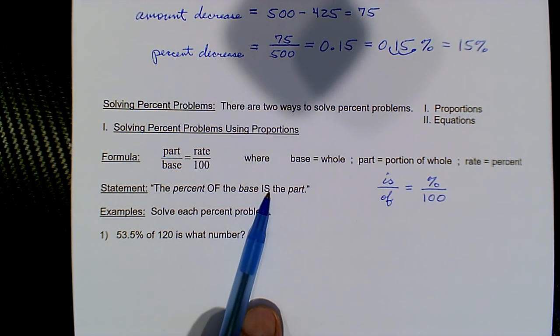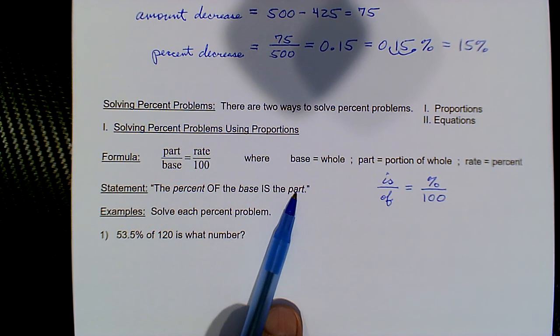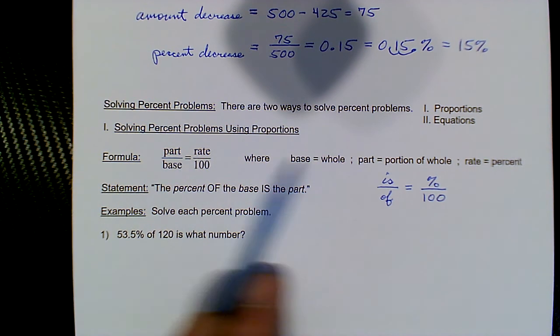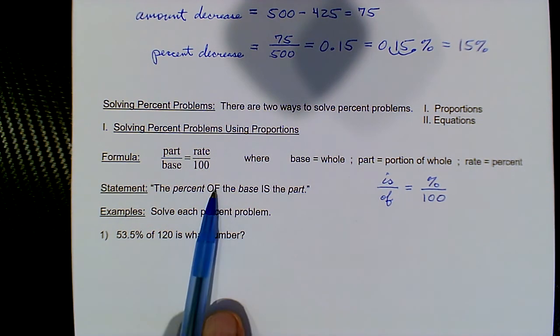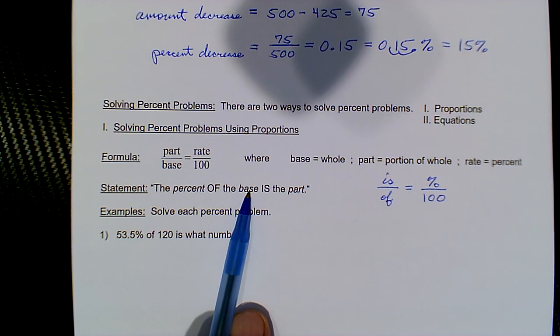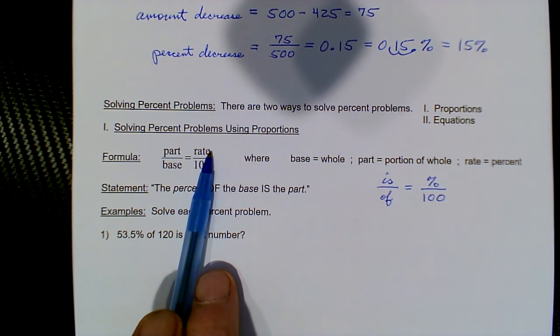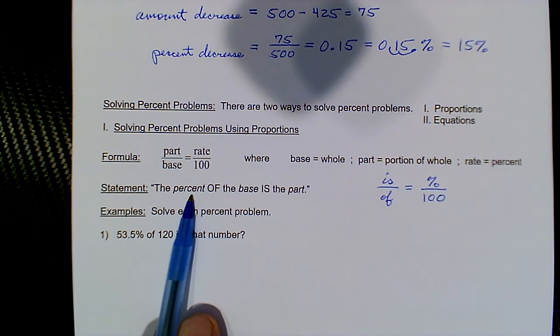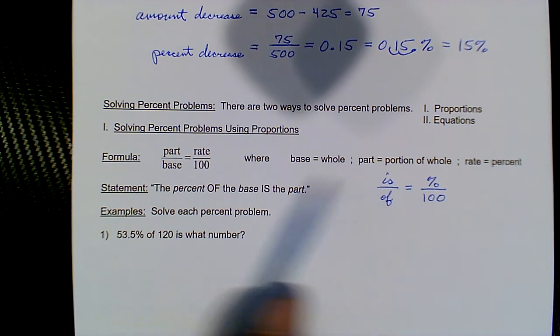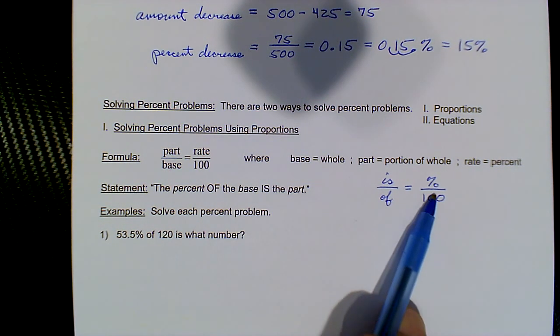That is, what follows the word is represents the part. So notice that's in the numerator. What follows the word of represents the base. That's in the denominator. And we've got the rate. The rate is your percentage over 100.